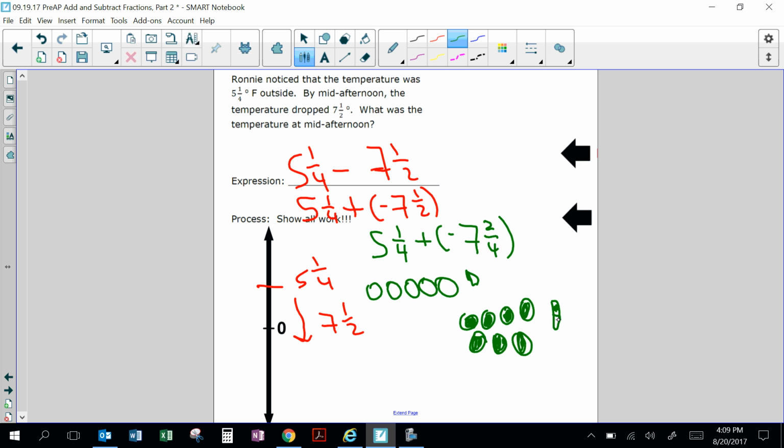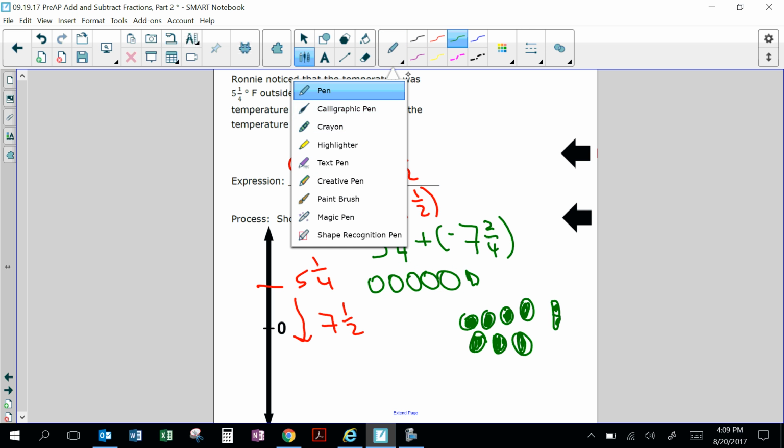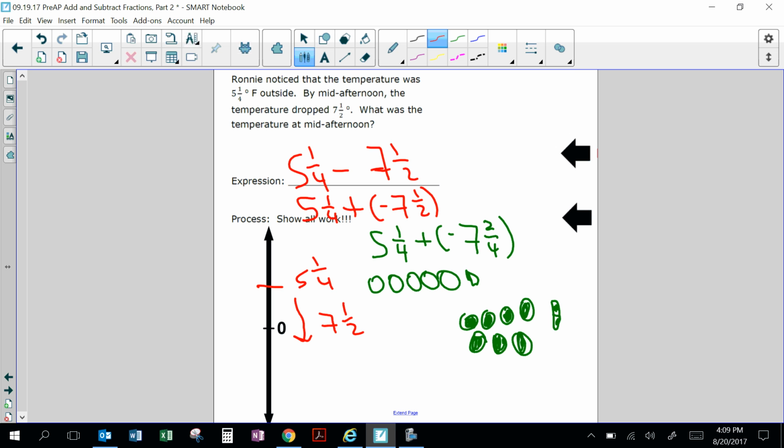What do you remember about 0 pairs? Oh, all right, fine. I'll have to use a different approach. So you know what? We have to make some 0 pairs. These 5 will make a 0 pair with this one. This will make a 0 pair with this one.